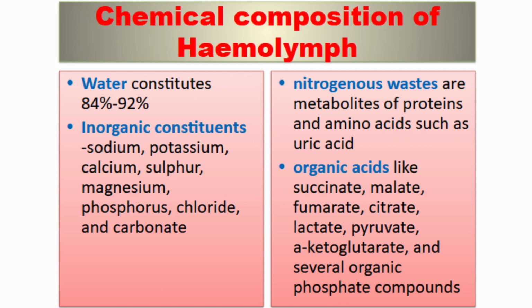The hemolymph contains several organic acids like succinate, malate, fumarate, citrate, lactate, pyruvate, alpha-ketoglutarate, and several organic phosphate compounds. These acids are important in balancing the cations in the blood.